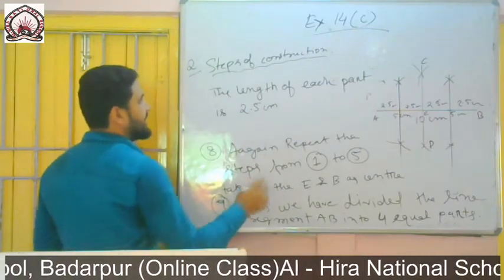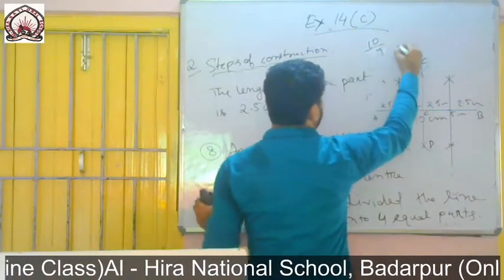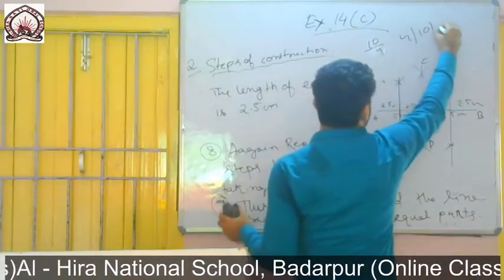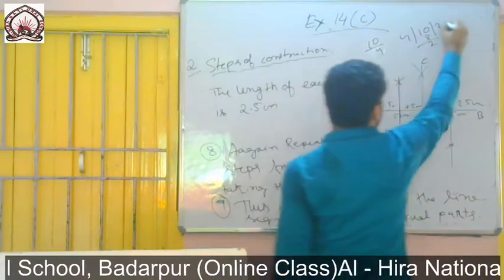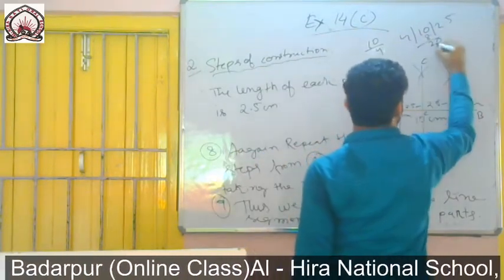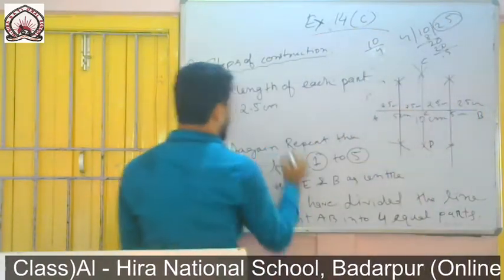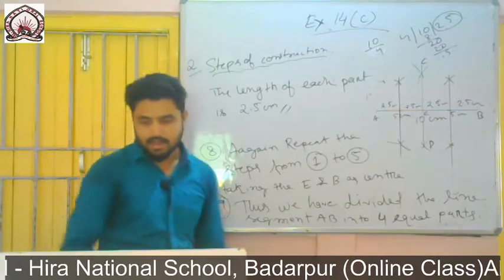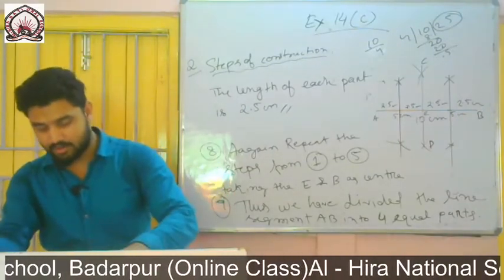That means if I divide 10 by 4, then 4 2s are 8, and remain 2. You give 0.0, 4 5s are 20. That means 2.5 centimeter. Okay.